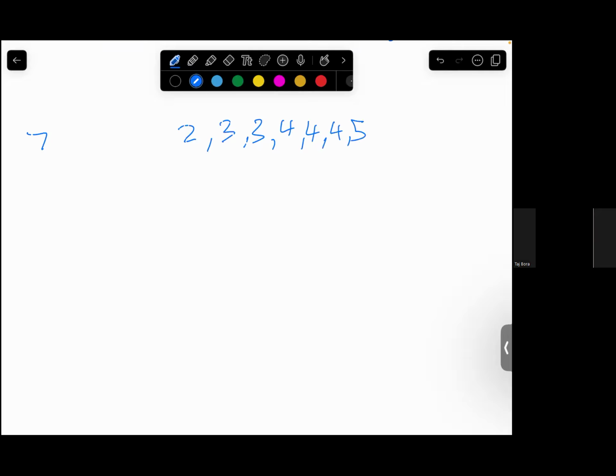This means over the course of 7 games, they have scored this many goals per game, and then we are looking for the average.